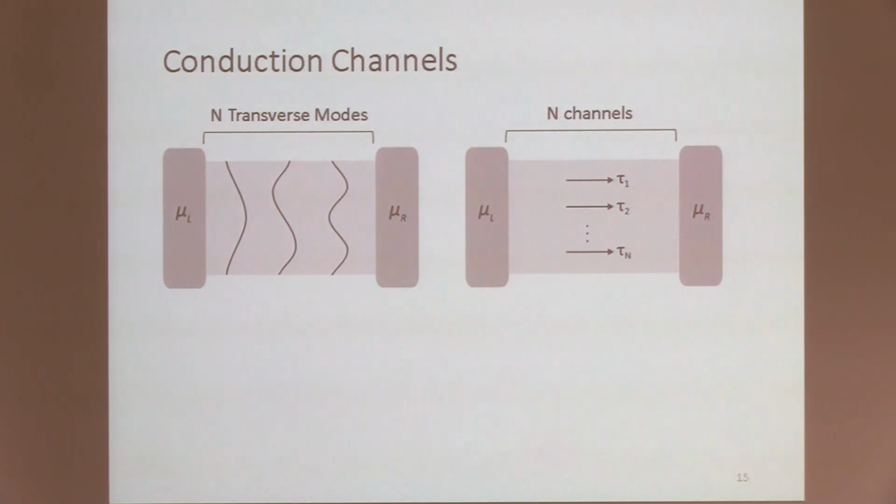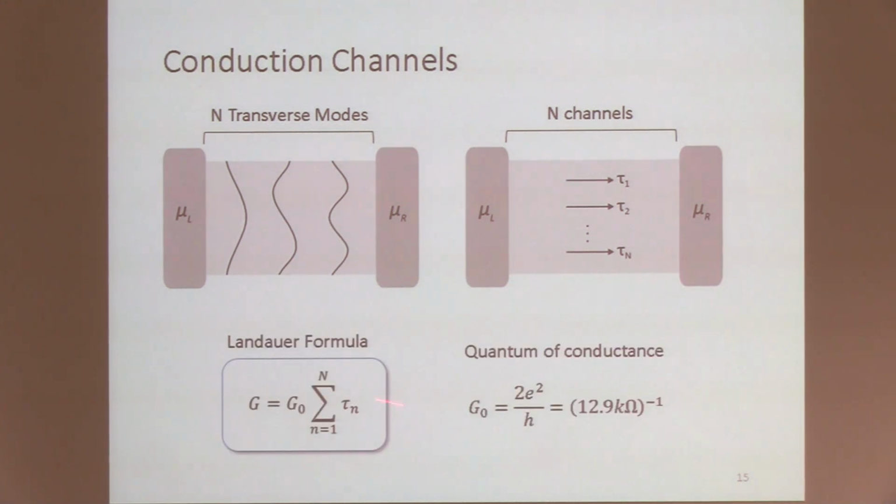If you confine your system in one direction, the transport happens only through a few conductance channels, and through Landauer-Buttiker theory, the total conductance is the sum of the transmission of these channels. Here G naught is defined as 2e squared over h, the two-spin conductance.